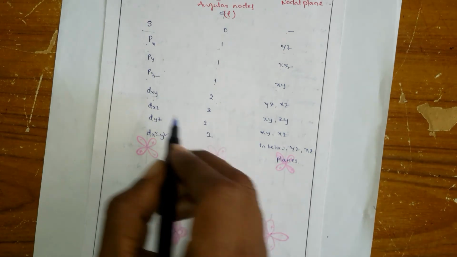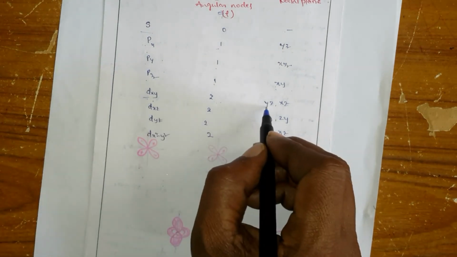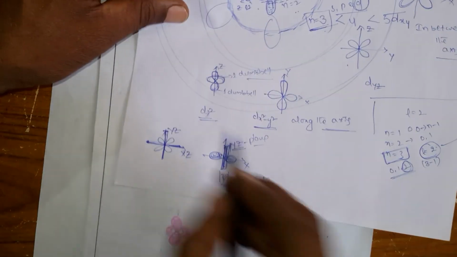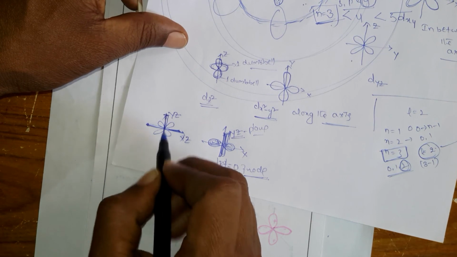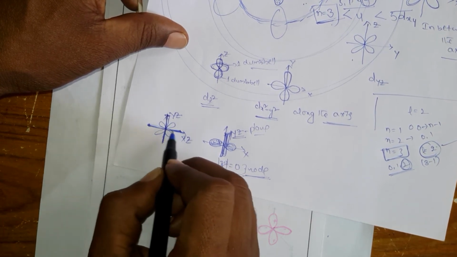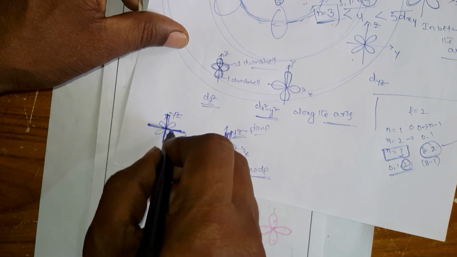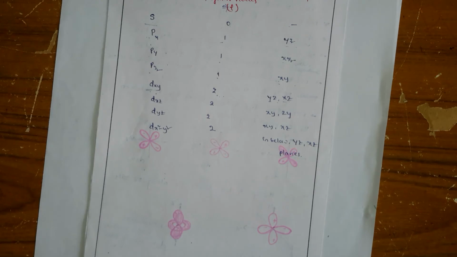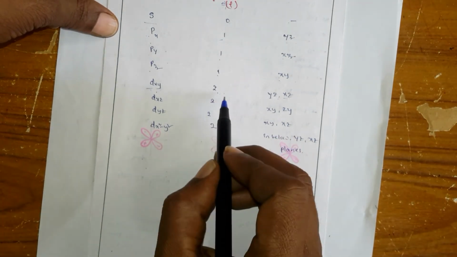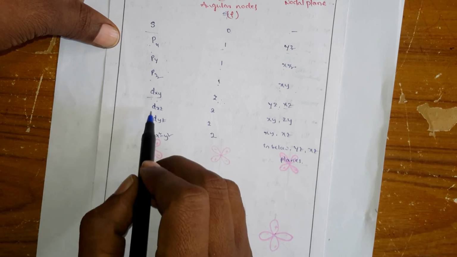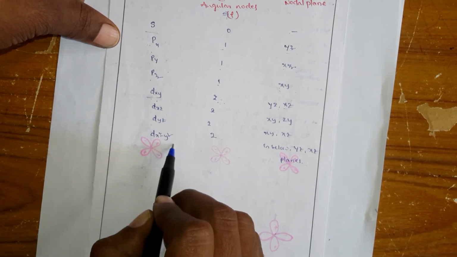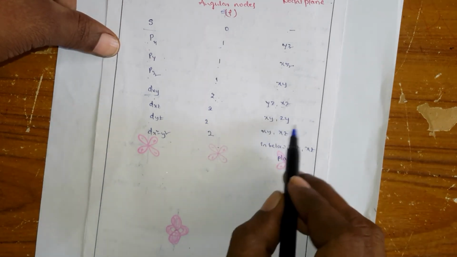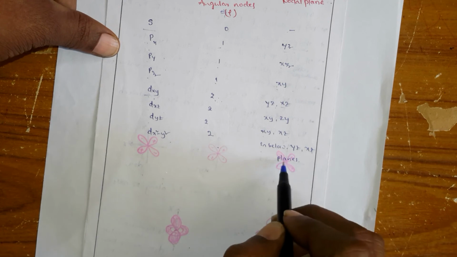So for the dxy, along the yz plane and xz plane, two planes are possible. Along this and along this there is no finding of an electron. So along this xz plane and yz plane the finding of an electron is 0, so you call them two nodes. Similarly for the dxz, dyz and dx square minus y square you also have two nodes, along the xy, zy, xy, zx planes.